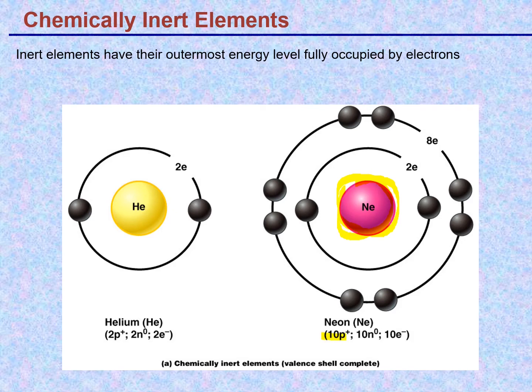The first valence shell has 2 electrons, and then the outermost has 8 electrons, and because it has a full complement of 8 electrons in that shell, it is not particularly reactive. In fact, neon is considered to be an inert gas.